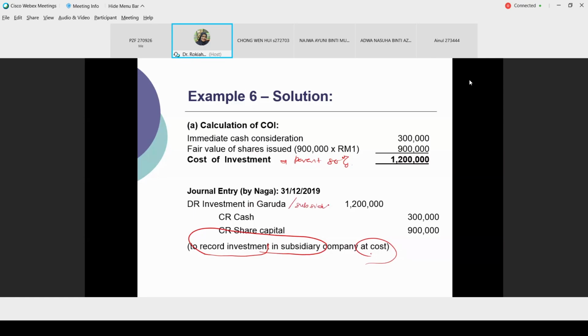It is better to put the name of the company, because the parent may have more than one subsidiary. So debit investment in Garuda 1.2 million, credit cash 300 and credit share capital 900. Altogether 1.2 million. This records the investment at the beginning.